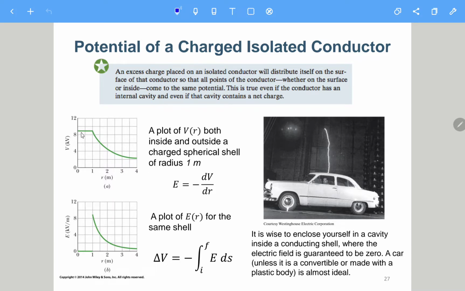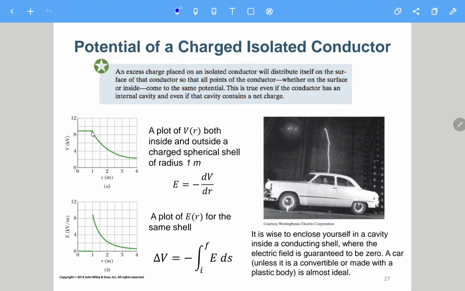But here, if we have the electric potential and take the derivative, this segment is a flat line, so the slope is zero, and the electric field is zero in this segment.